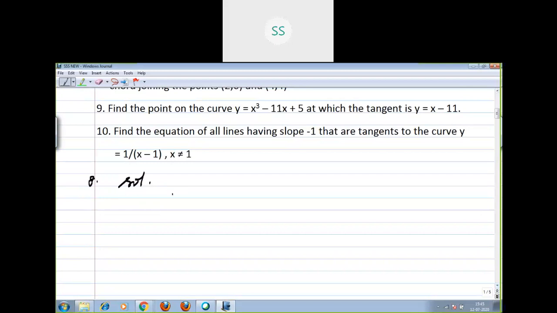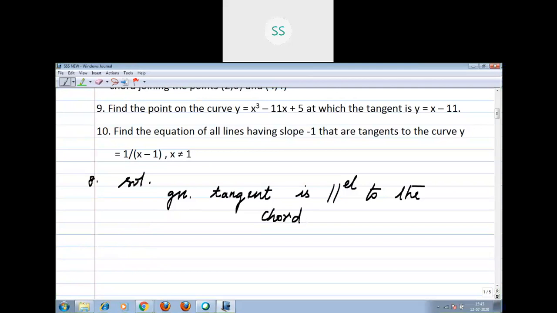From that, what you understood is that the condition of parallel is that slopes are equal.